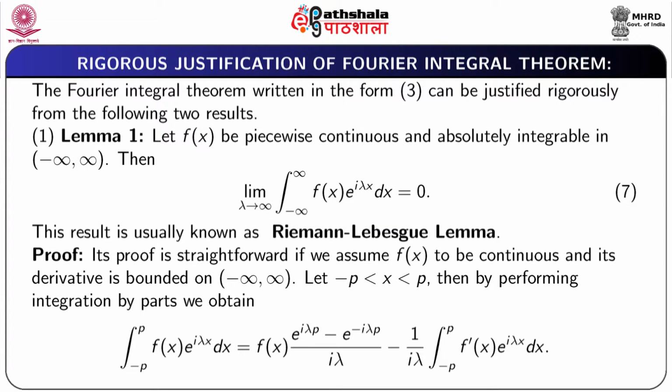This is a very important lemma, and its proof is straightforward if we assume that f(x) is continuous and its derivative is bounded in the interval minus infinity to plus infinity.